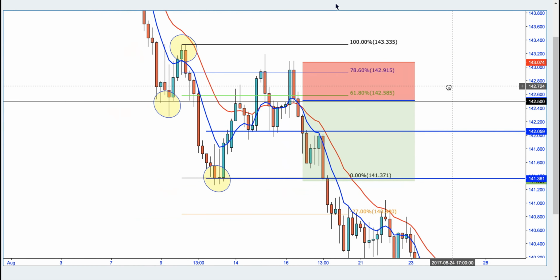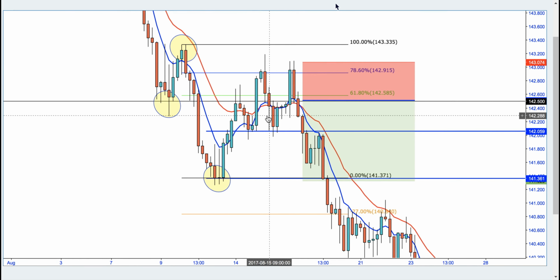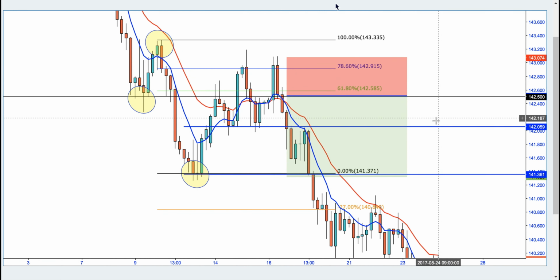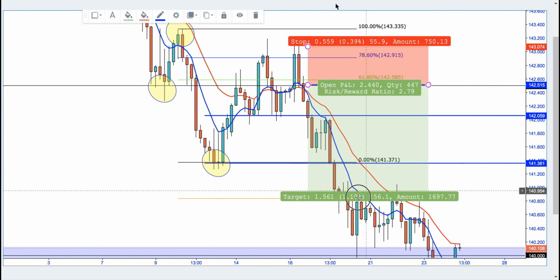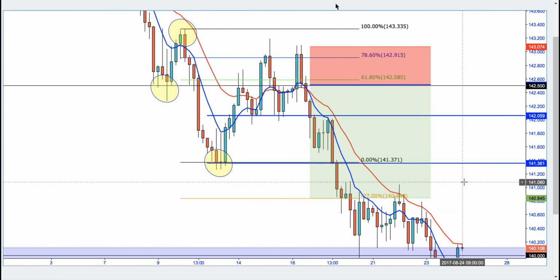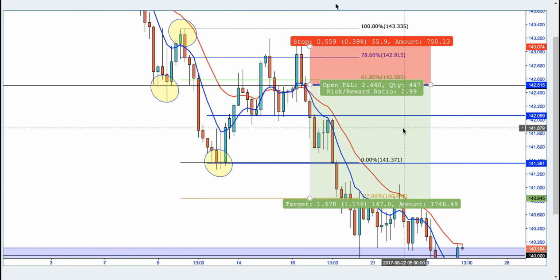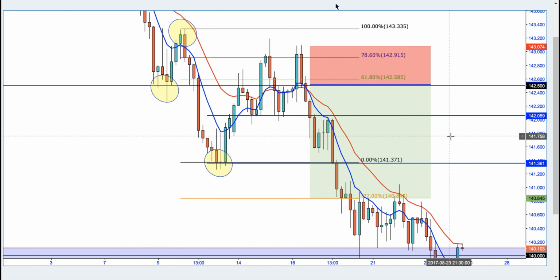So line that up there as well after second entry. So first one failure, second entry. This is quite rare actually, that it will do a double top at that. And then target 1, again, keep in mind what we have at the 0, and target 2 would simply be there. This is a risk reward of 1 to 2.4, risking 56 pips for 167.